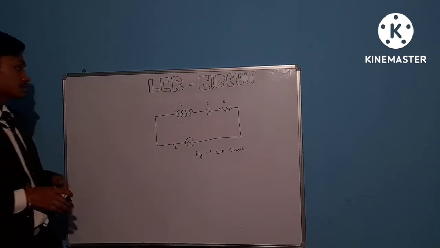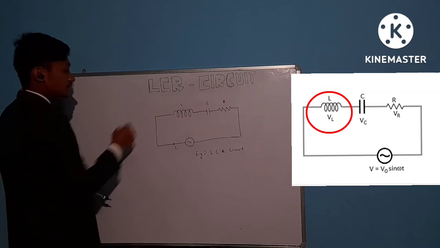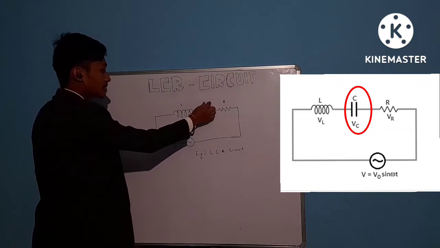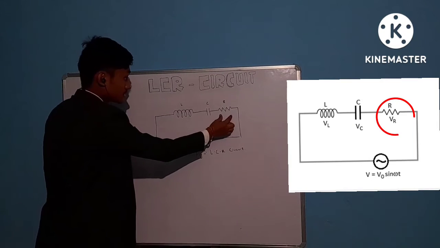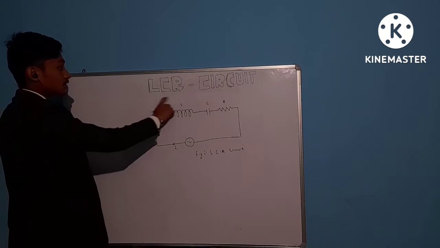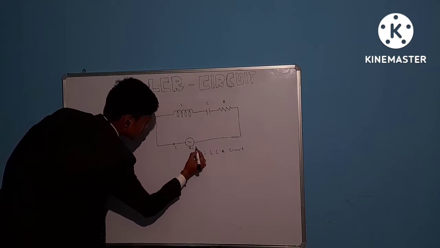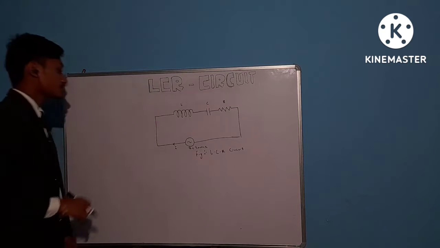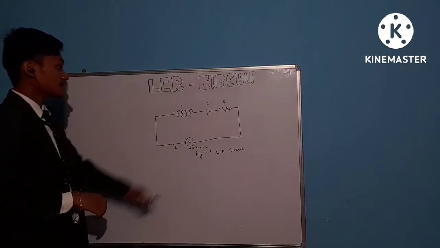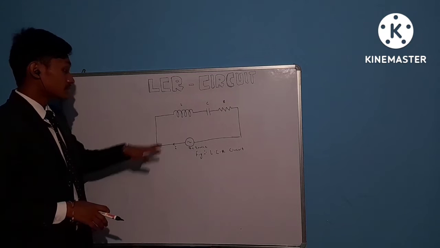It contains an inductor represented by L, a capacitor represented by C, a resistor represented by R, and a current flowing through the entire circuit, and this is an AC source. Since the inductor, capacitor and resistor are kept in series, the current flowing through all three is the same.